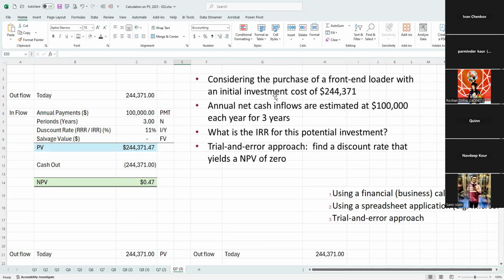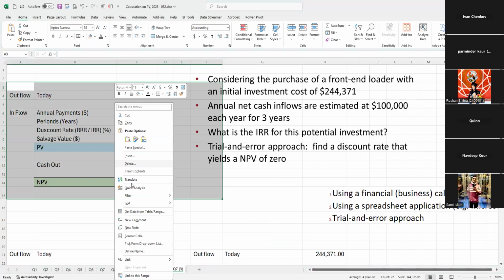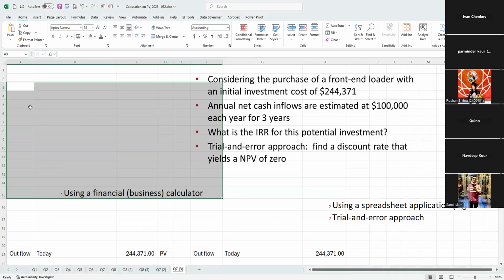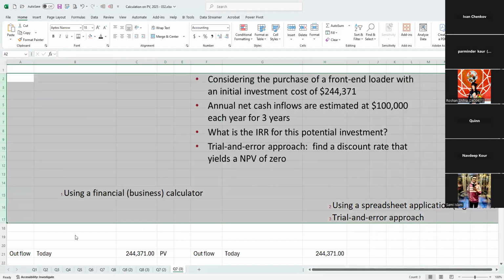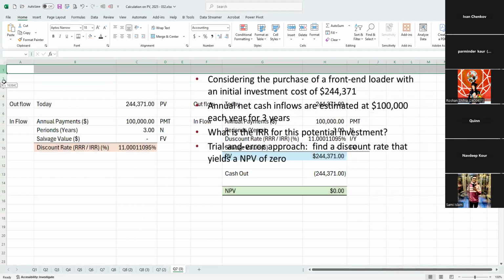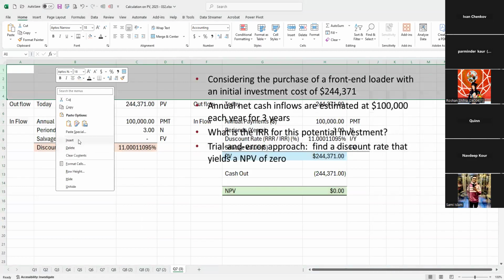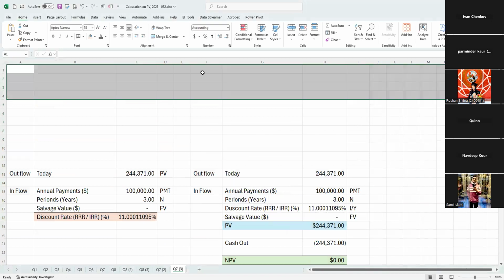I don't need this part. This part I can delete. And I don't need any of those. I can delete those too. Now I have to push it back a little bit. Get rid of this and bring the question.